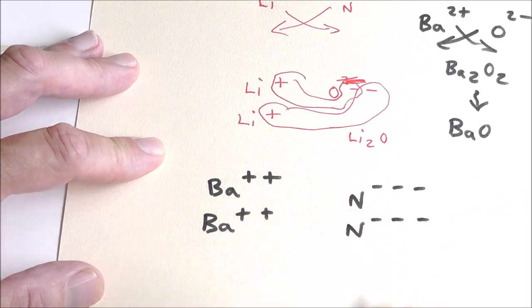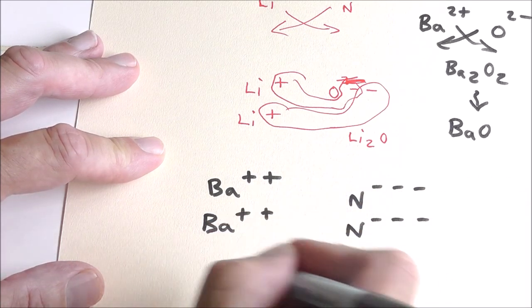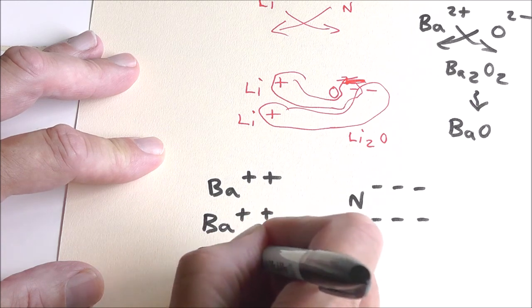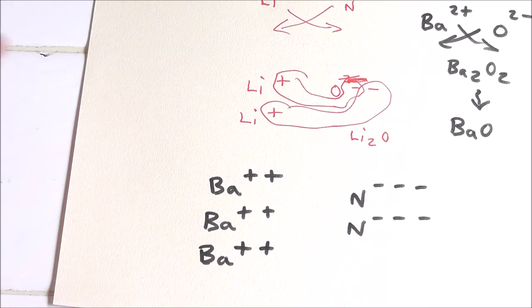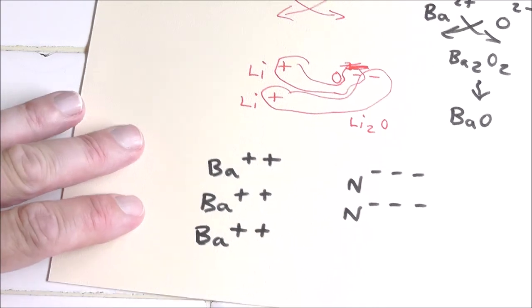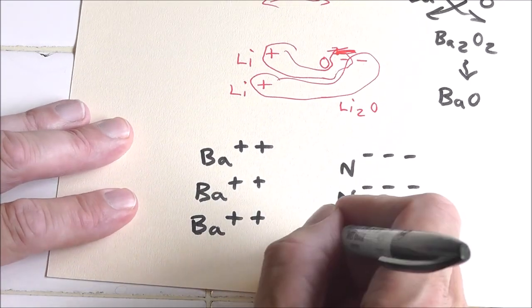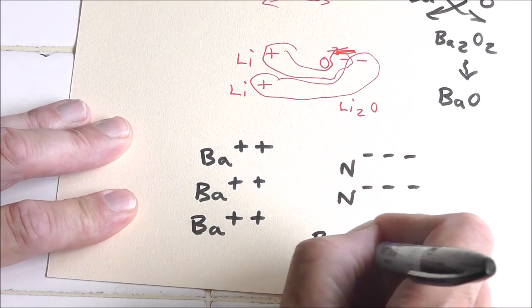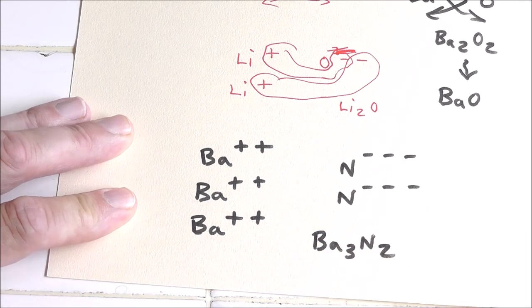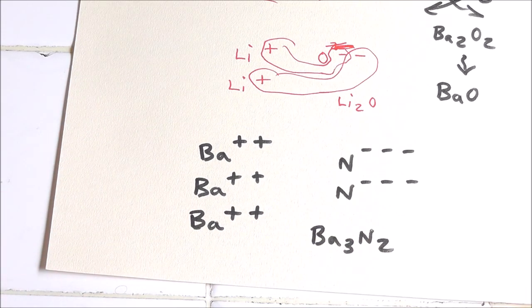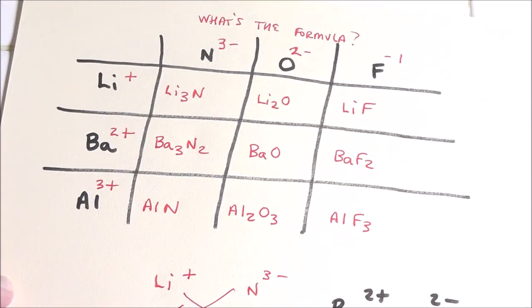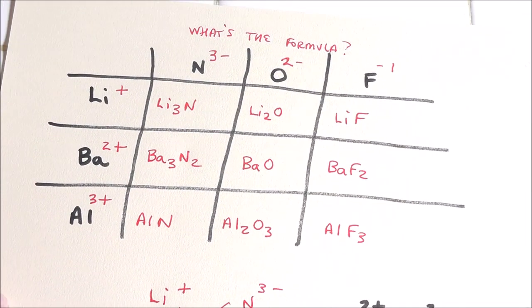Oops, now I overdid it. That's a 4 and a 6. But then boom, I got 6 positives and 6 negatives. Match them up. That's how you do it. Ba3N2.